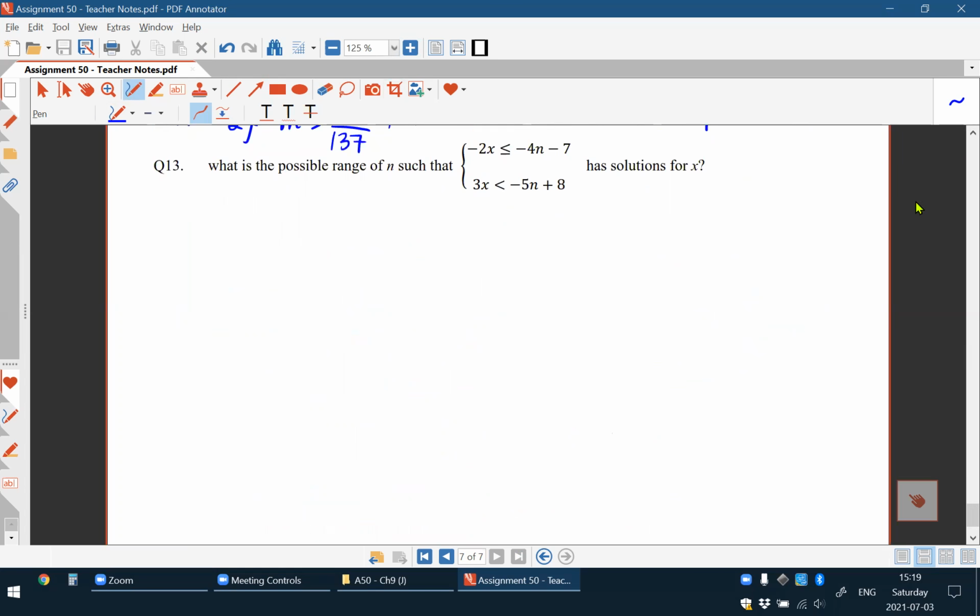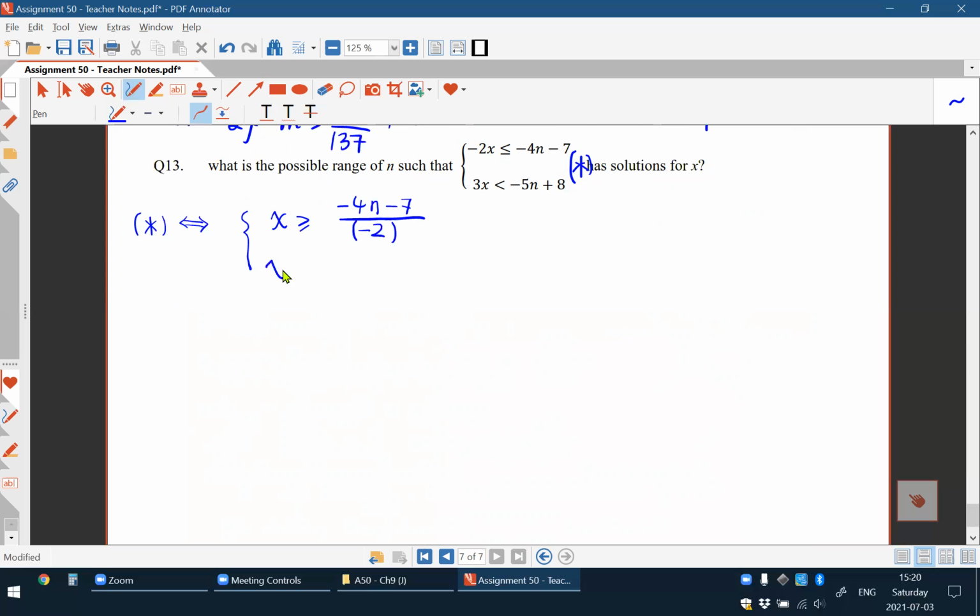It asks you under what circumstance there is no solution for x in this system. So first of all, we can try to solve this for x. The original system star is equivalent to x. Okay, for the first one, we can divide both sides by -2. -2 is negative, so we need to change the direction of the inequality symbol, right? Minus 4n minus 7 over -2, right?